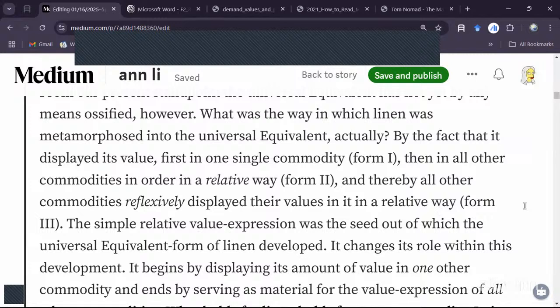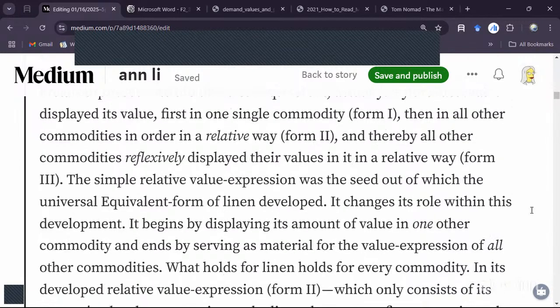The simple relative value expression was the seed out of which the universal equivalent form of linen developed. It changes its role within this development. It begins by displaying its amount of value in one other commodity and ends up by serving as material for the value expression of all other commodities.